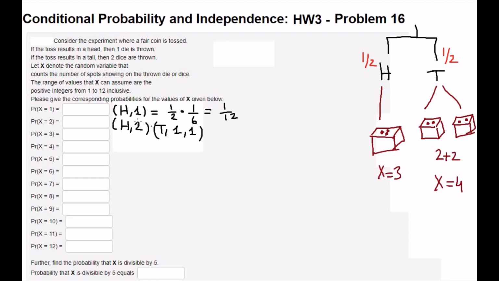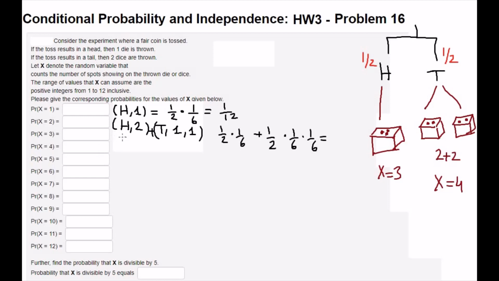So head 2 is 1/2 times 1/6, and tail is 1/2, and getting 1 is 1/6 and 1/6. So that is the probability of x equals 2.